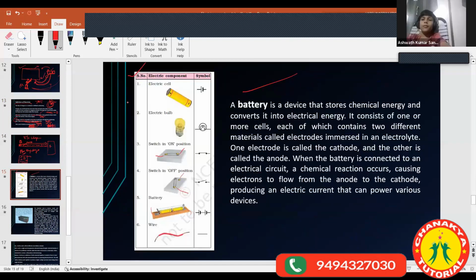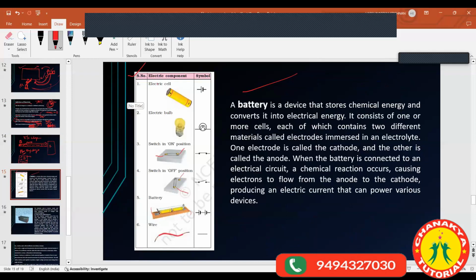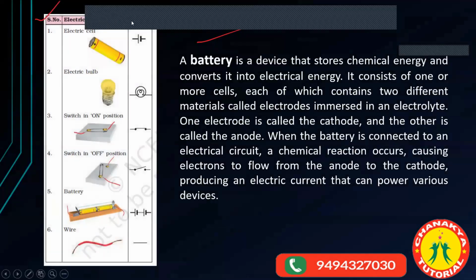Now we are entering into something very important. Please make note of it. These are electric components and their symbols. You have to memorize this, because from the exam point of view, this is very important. This is the electric cell, the battery that you all have in your home normally, and the symbol of it is like this.